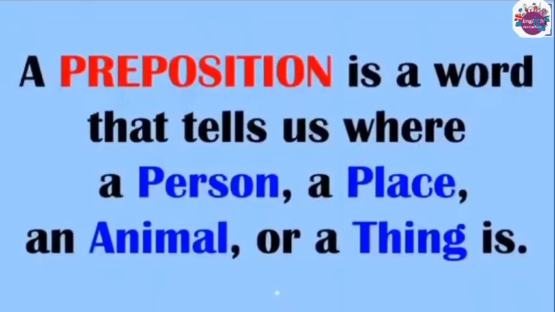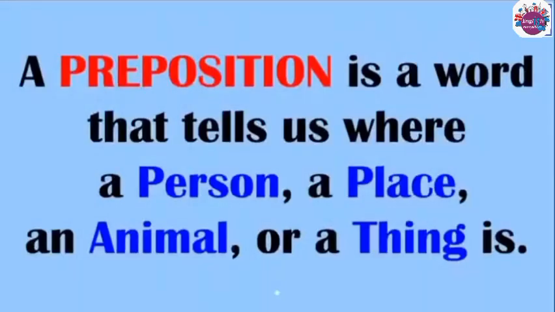Now let us see. A preposition is a word that tells us where a person, a place, an animal, or a thing is. As you saw, the ball was lying inside a box, then on the table, then under the table, then near the table.